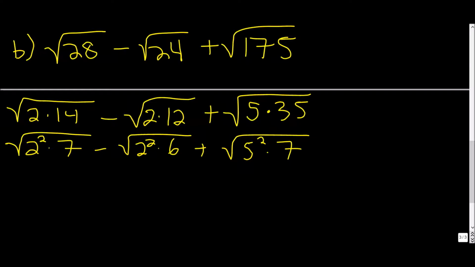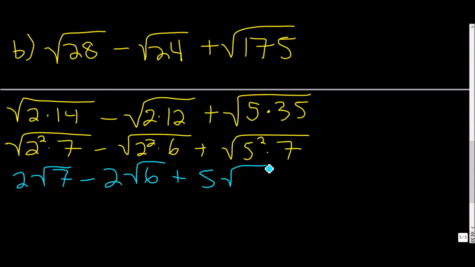If I bring the 2 squared out, it becomes 2 times the square root of 7. This becomes 2 times the square root of 6. And then this becomes 5 times the square root of 7. Well, the square root of 6 is kind of on its own. The other parts, the square root of 7 and the square root of 7, can be put together.